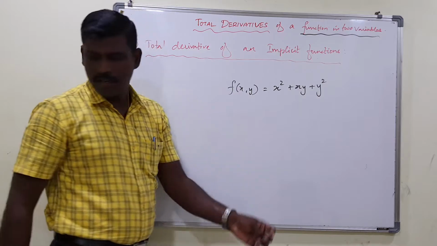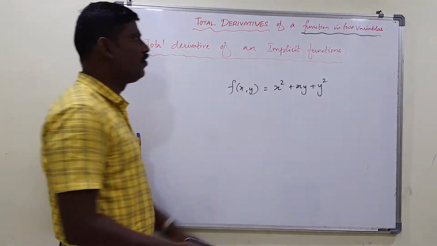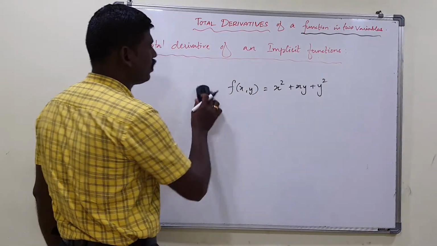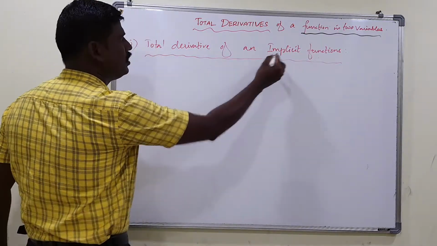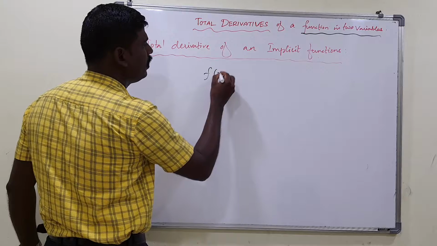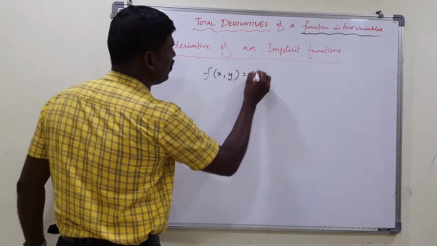There are different types of functions in two variables. First of all, I am going to find the total derivative of an implicit function. What is the general form of an implicit function? F of x comma y equal to c.